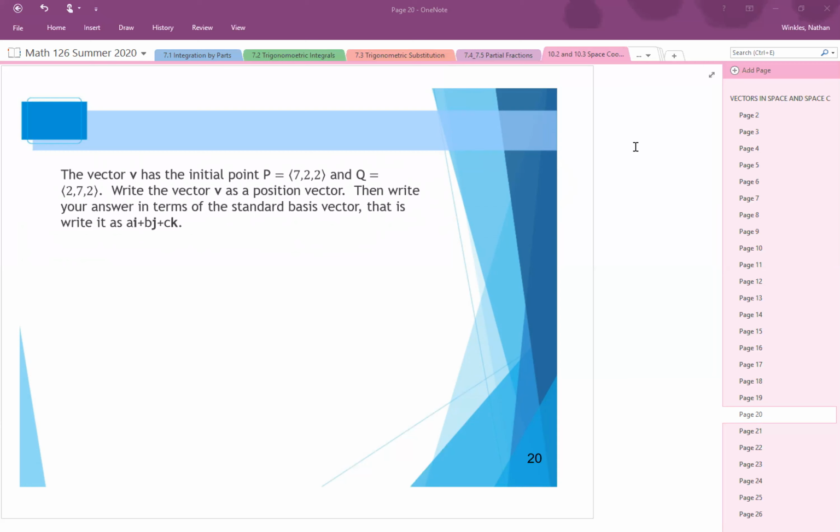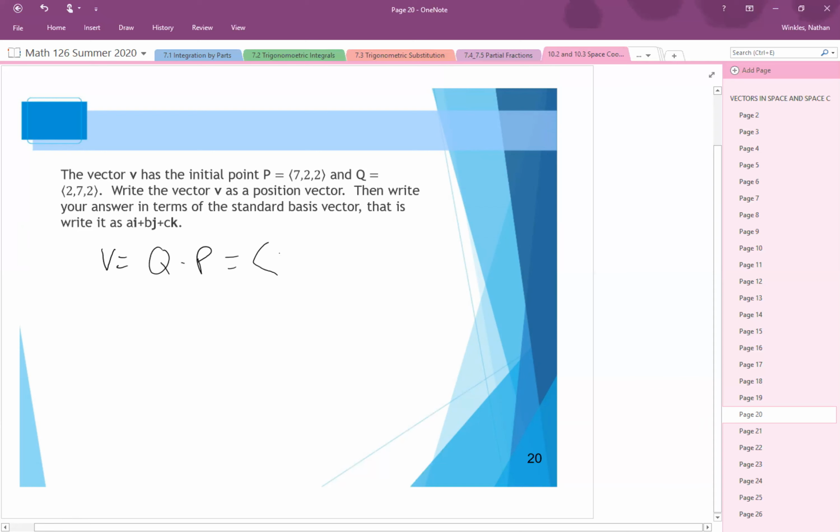So our vector v is really q minus p, which is equal to 2 minus 7, 7 minus 2, 2 minus 2, which is -5, 5, 0.